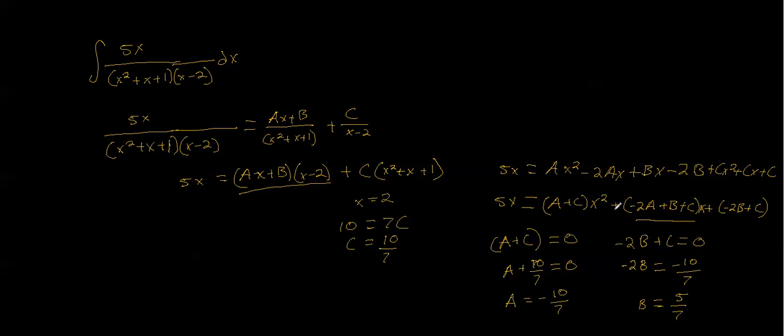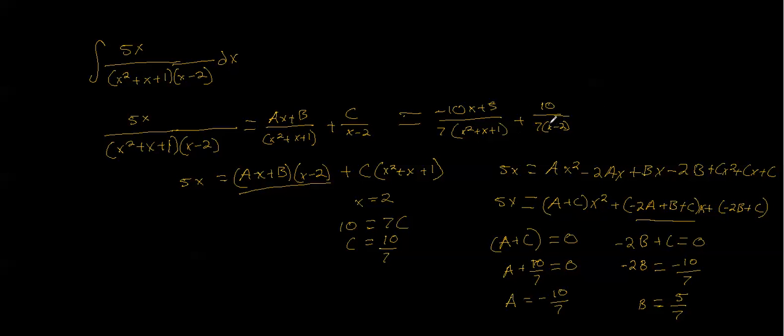So now we have all of this. We can put this back into this expression here that we have. So we can say that this fraction right here, 5x over x squared plus x plus 1 times x minus 2, equals negative 10x plus 5 over 7 times x squared plus x plus 1 plus 10 over 7 times x minus 2.